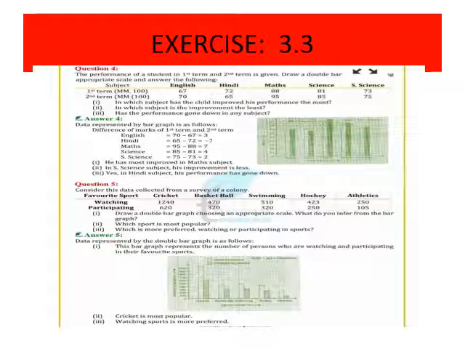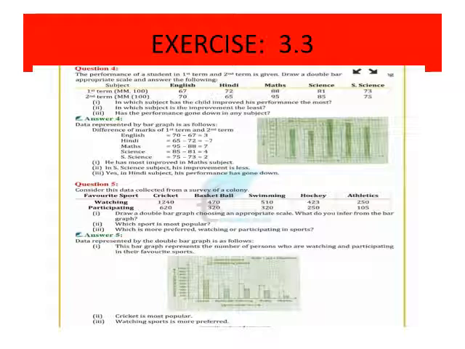So children, our first question is, in which subject has the child improved his performance the most? You can see that he has improved in mathematics the most. The difference between second term and the first term is 7.